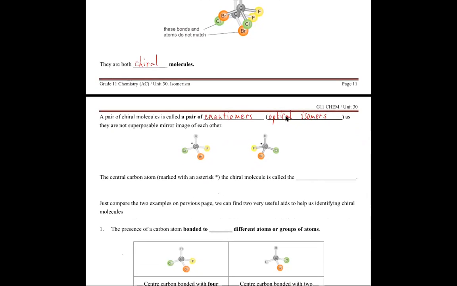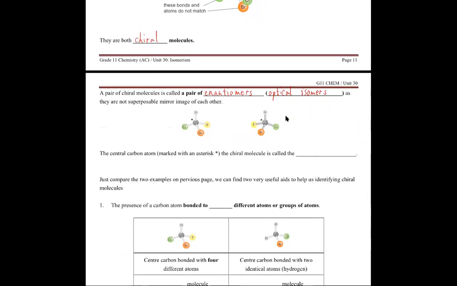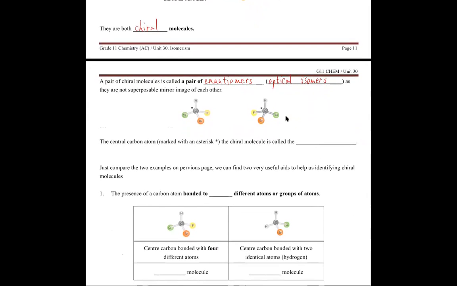And usually, if we draw a chiral molecule, we will put a star next to the central carbon, and we call the central carbon the chiral center. You can say chiral carbon or chiral center.